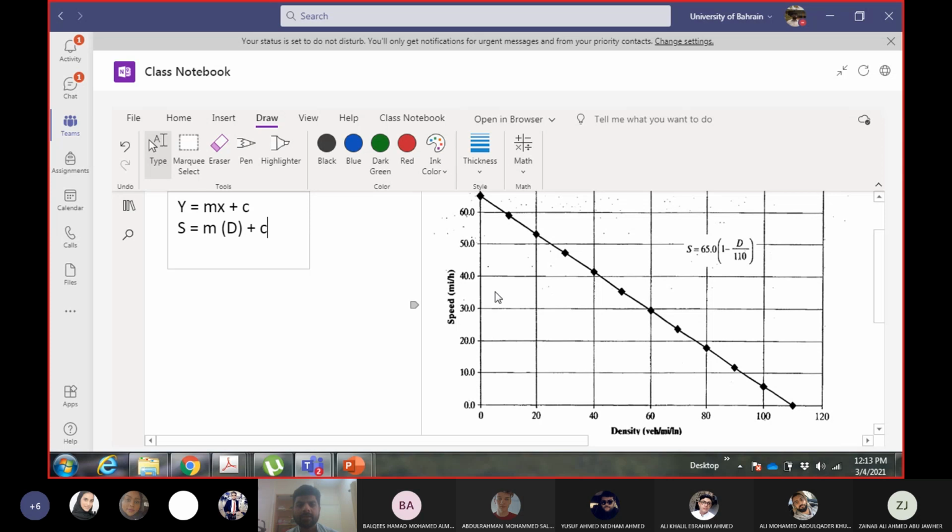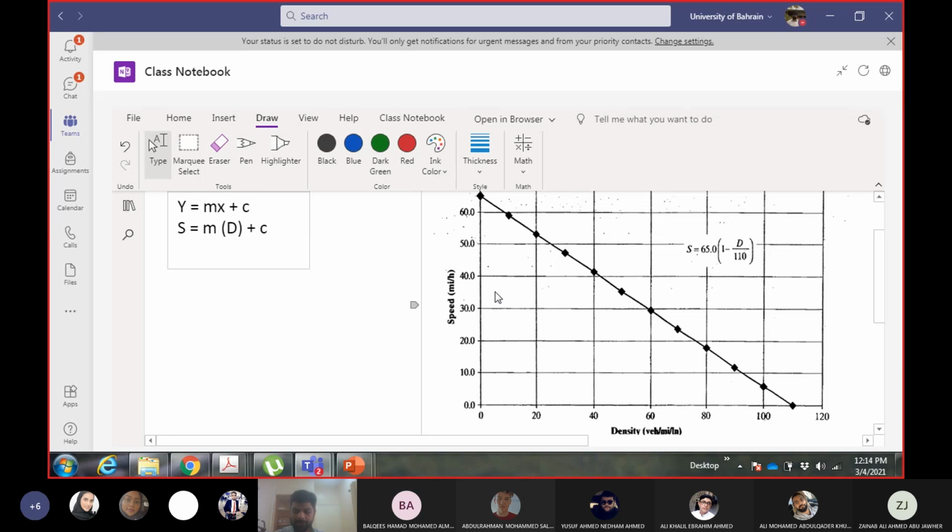And what is the maximum density here? 110 is the maximum density when speed is 0. Now my question is what I explained last time as well.